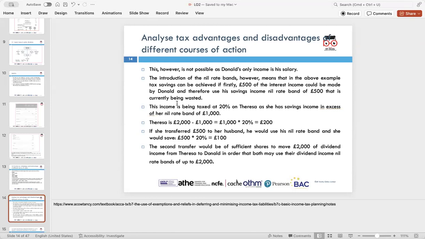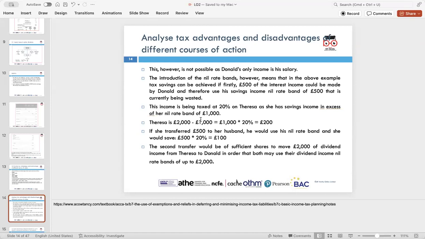Next, we can explore transferring sufficient shares to move £2,000 of dividend income from Teresa to Donald. This allows both Donald and Teresa to utilize their dividend nil rate bands of up to 2,000 each. By optimizing the allocation of dividend income in this manner, they can potentially reduce their overall tax liabilities.